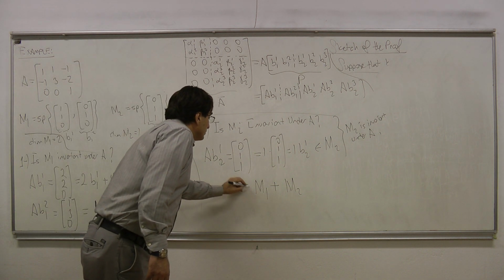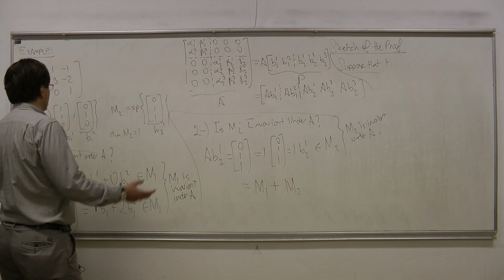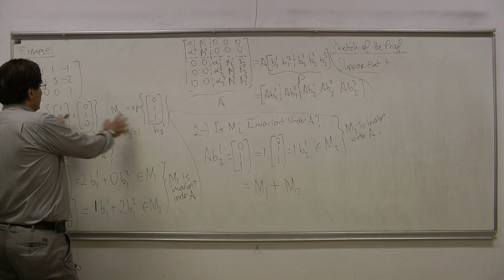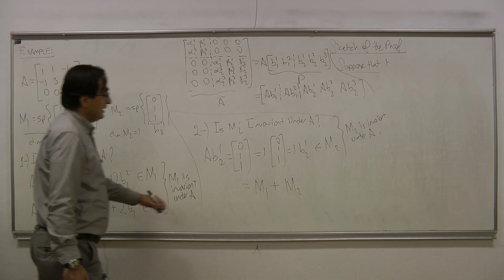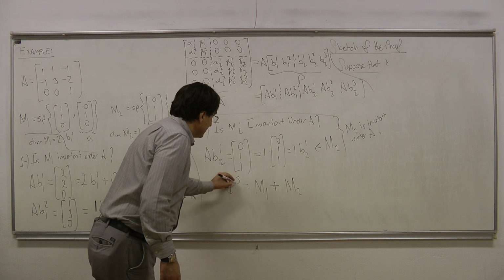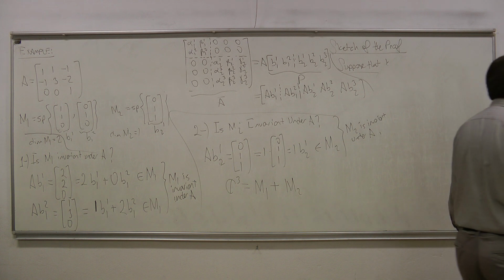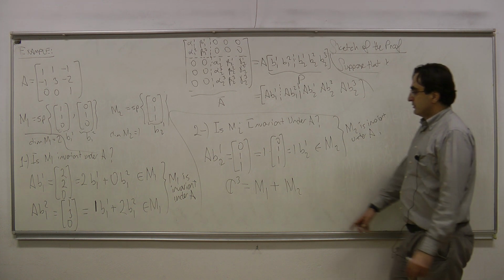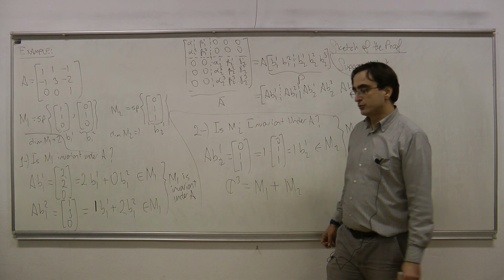So you will see that these three vectors are all linearly independent. So the sum is actually going to be any vector in C3. Or you can write R3 if you want to use real coefficients only. Okay? So C3 can be written as a sum of M1 and M2.